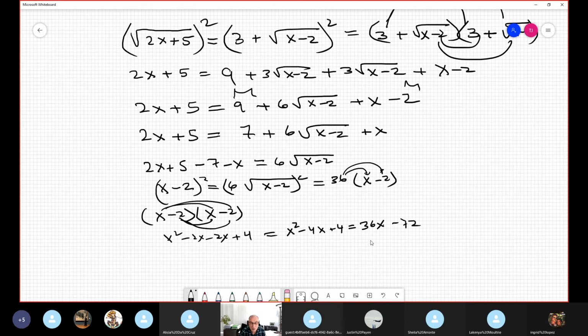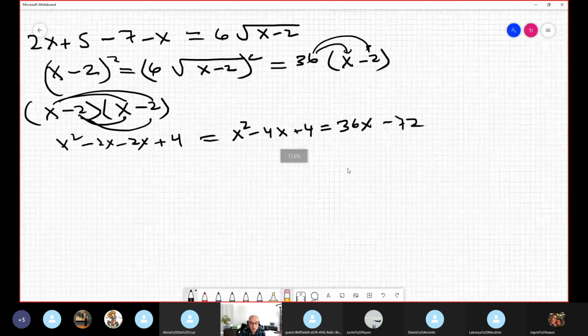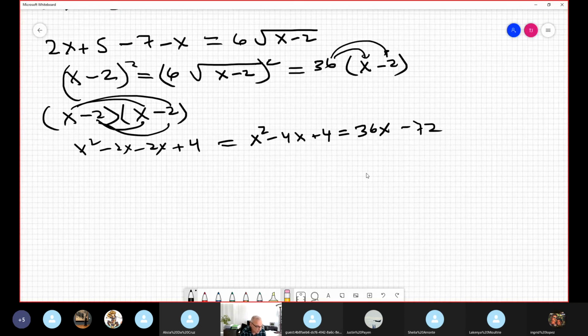So we have in that moment a quadratic equation. Wait a second. Let me try to manipulate the quadratic equation. So it's x squared minus 4x plus 4 minus 36x plus 72 equal to 0.